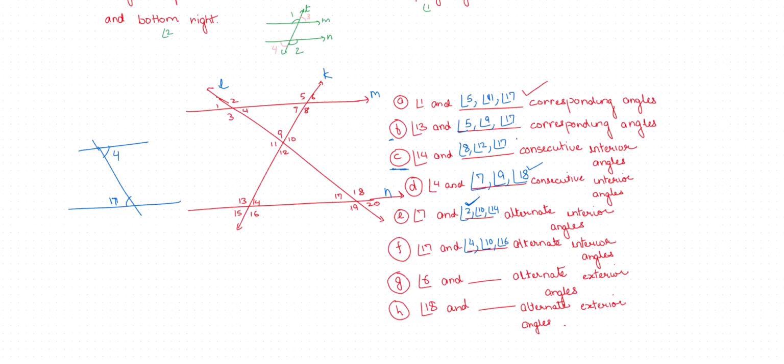The transversal in this case is line L, and this is line M, and this is N. In this figure, we can see that 17 and 10 are alternate interior, and the transversal in this case is L.